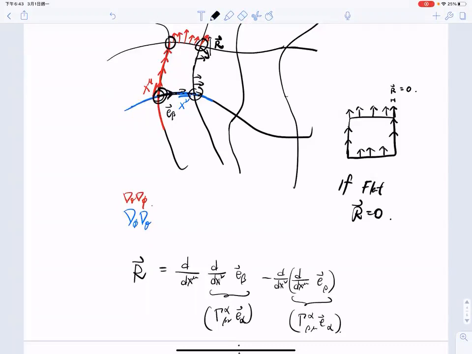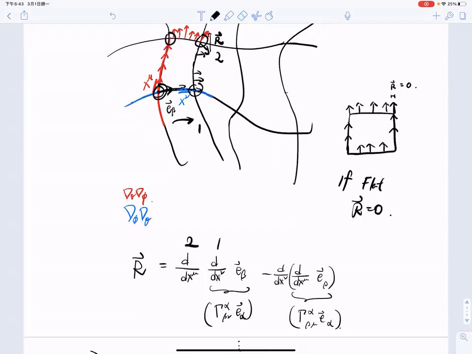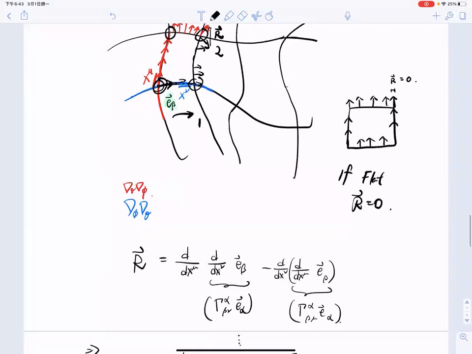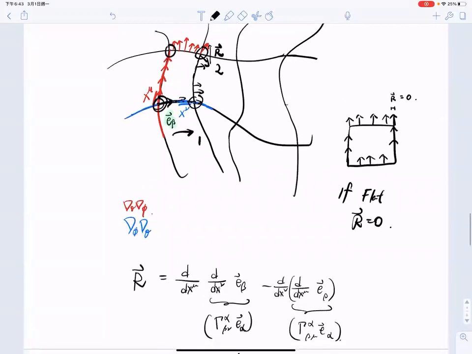If you want to transform to here, the first step and the second step, you can see the first step is you do a coordinate transformation d with respect to mu, and in the second step the same for basis vector beta. And minus the differences, because we have to figure out the differences, right?